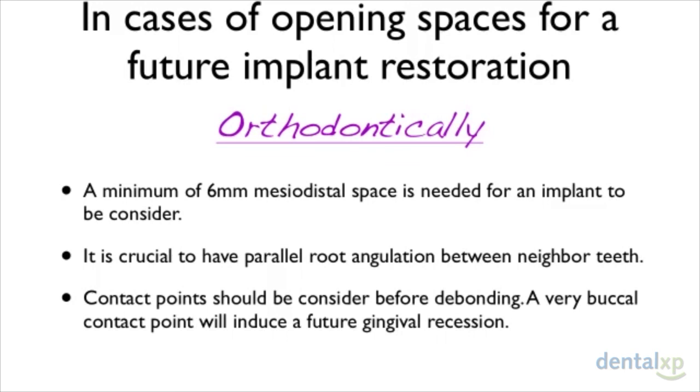Number 3, the contact points should be considered before debonding. Contact points between lateral incisors and canines, since it is crucial to maintain alignment during a large growth period. A very buccal contact point will induce a future gingival recession.